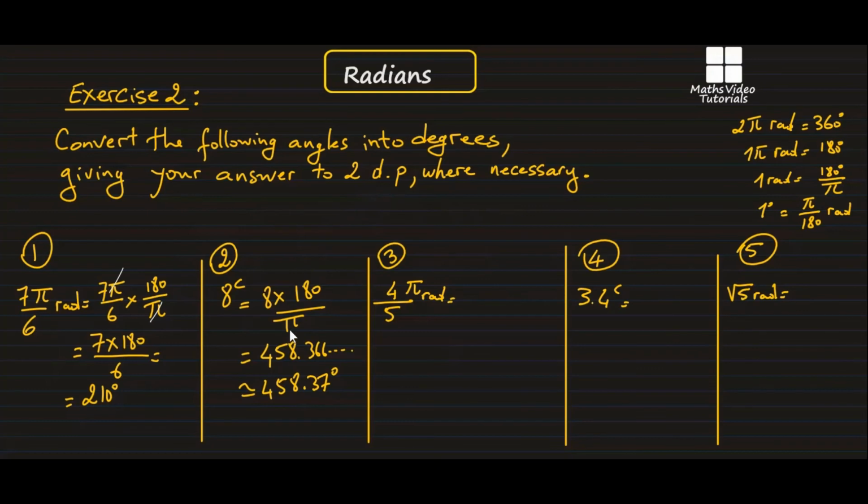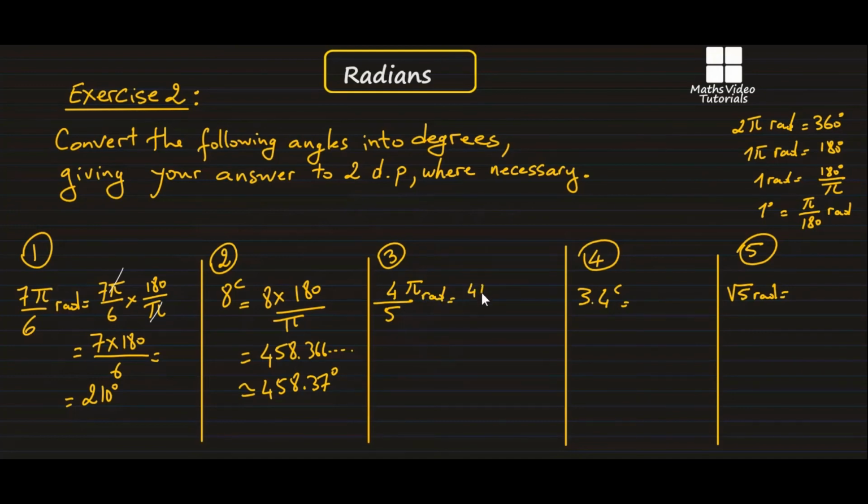I need to point out to you that the pi I use here is the calculator pi, not the rounded 3.14. By pressing the shift and the pi button on your calculator, you get this answer. Alright, number 3 should be easy as well, similar to number 1.